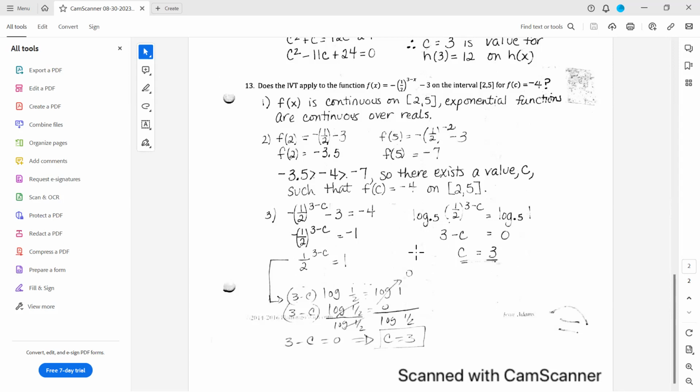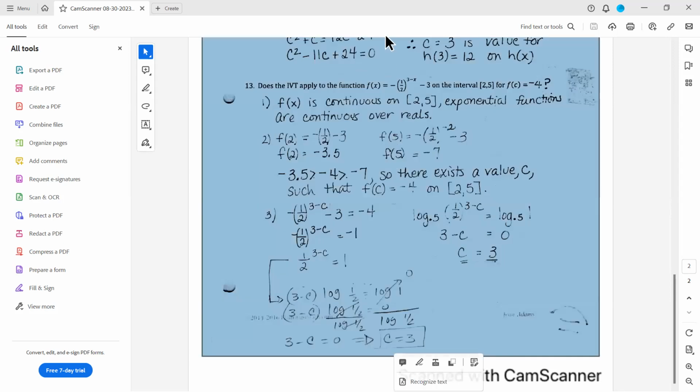Okay, she plugged it in, she didn't plug it into the original. That was just what I would have done. She didn't plug it in here.